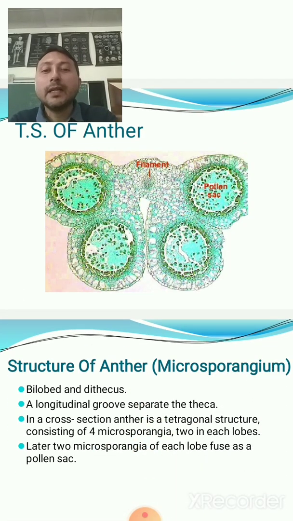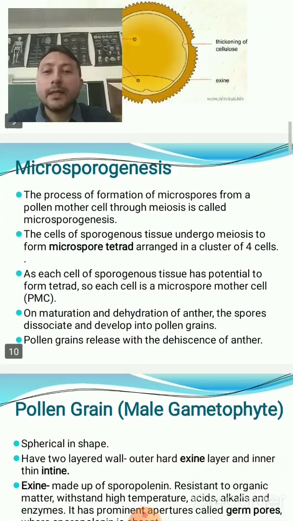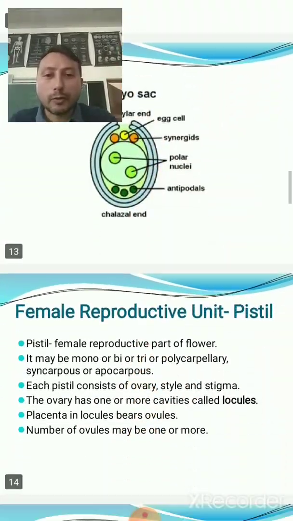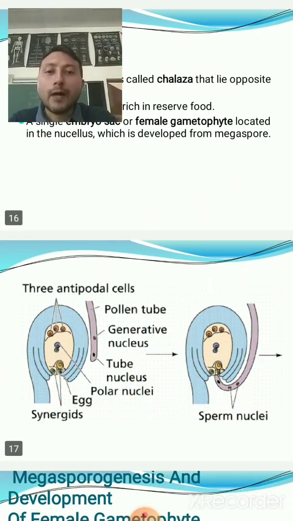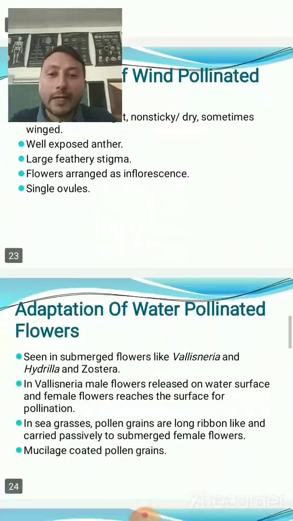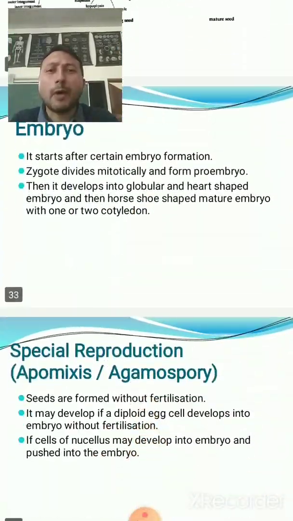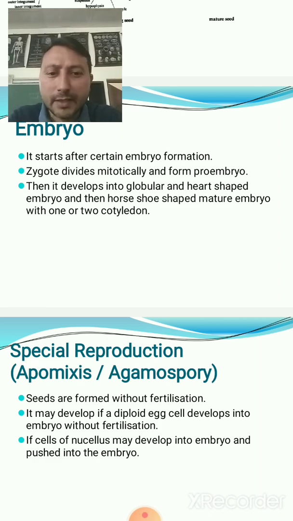And similarly, the female reproductive part of a plant, and that is megasporogenesis, is also a very important question. And of course, then pollination, types of pollination: autogamy, xenogamy, self-pollination, cross-pollination, then double fertilization, and development of the embryo. These are all the main important parts which are generally asked in examinations.